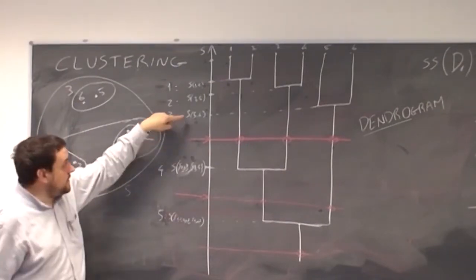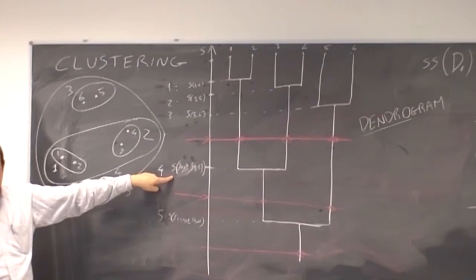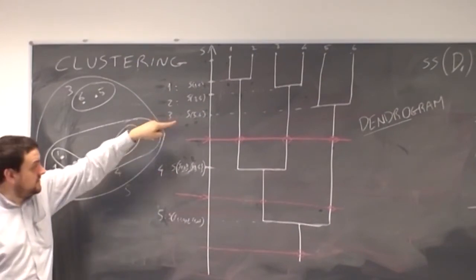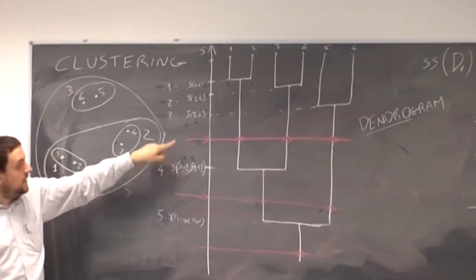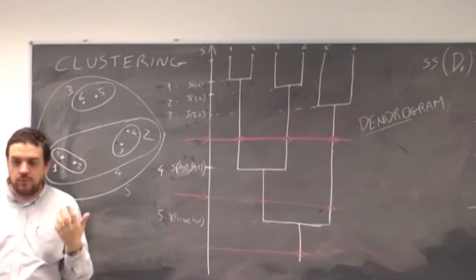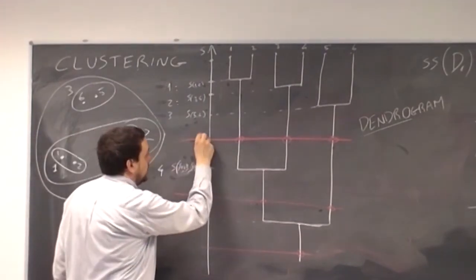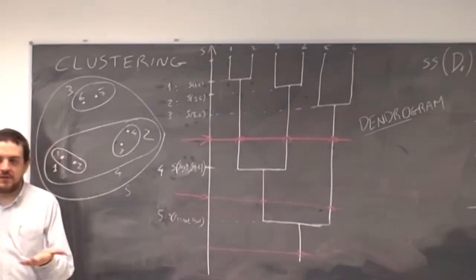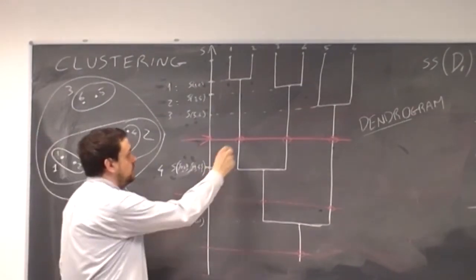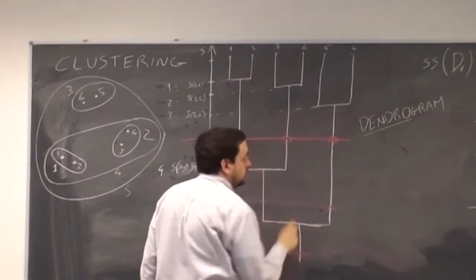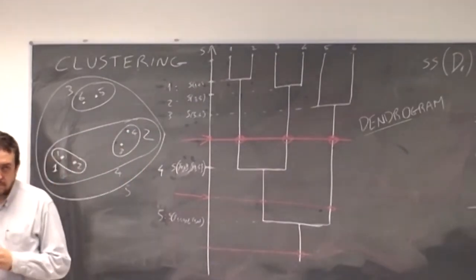The next step required a consistent reduction in similarity. At this point you understand that you were starting to connect things that are farther apart. So this is probably a good point to set your similarity level and to choose your final clustering.